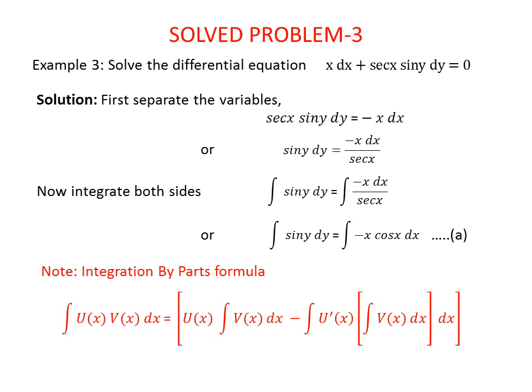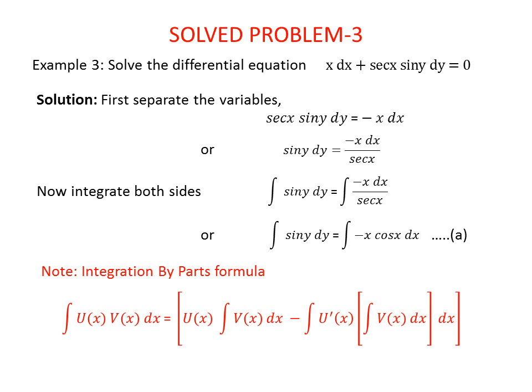This term, integral v x dx, is the same as the term involved in the first term. Now bracket close, then dx. This is the formula for integration by parts.